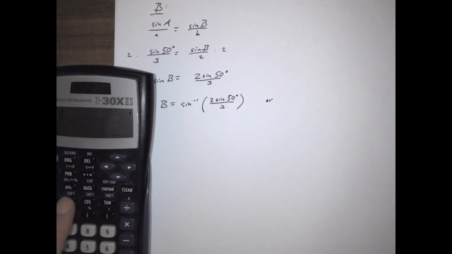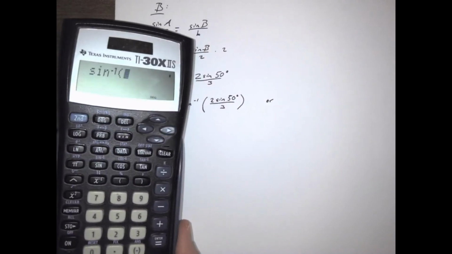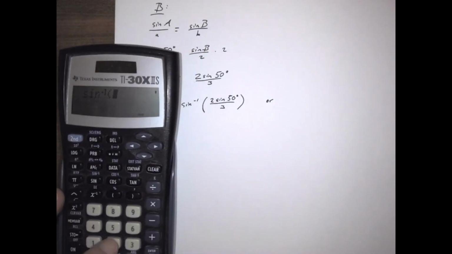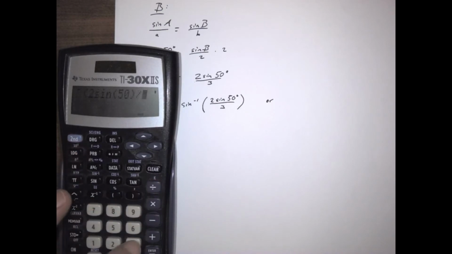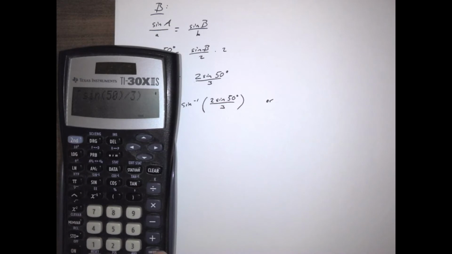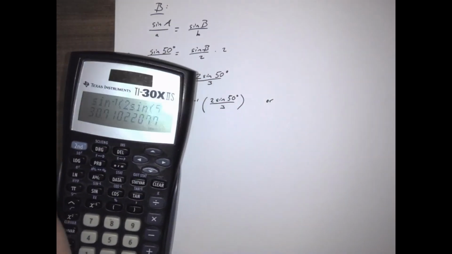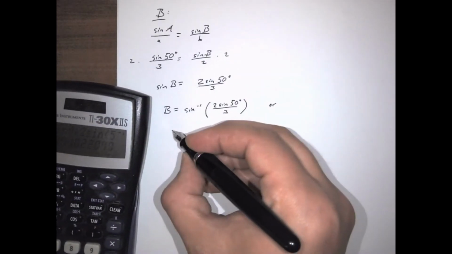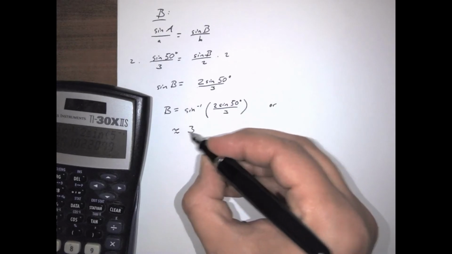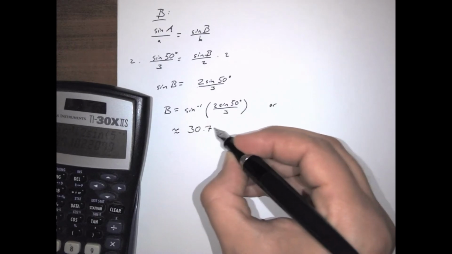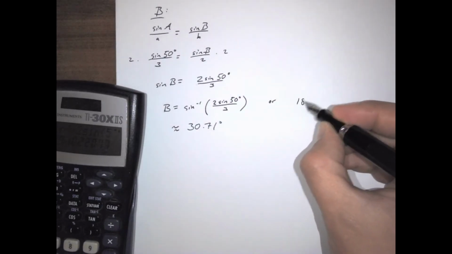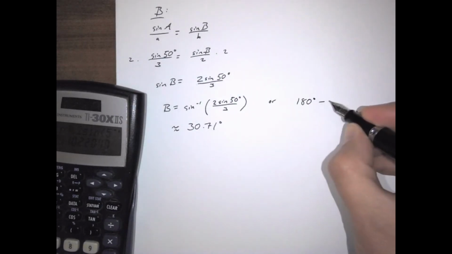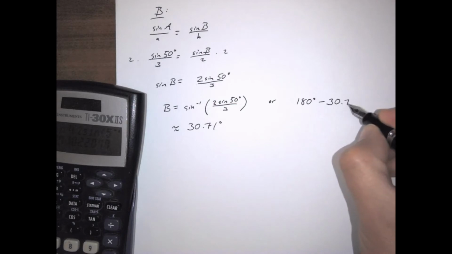So sine inverse, that's again second and then the sine. 2 sine 50 degrees into the sine, divide by 3 into the sine inverse. So that's going to be 30.71 degrees, or maybe 180 minus 30.71 degrees.